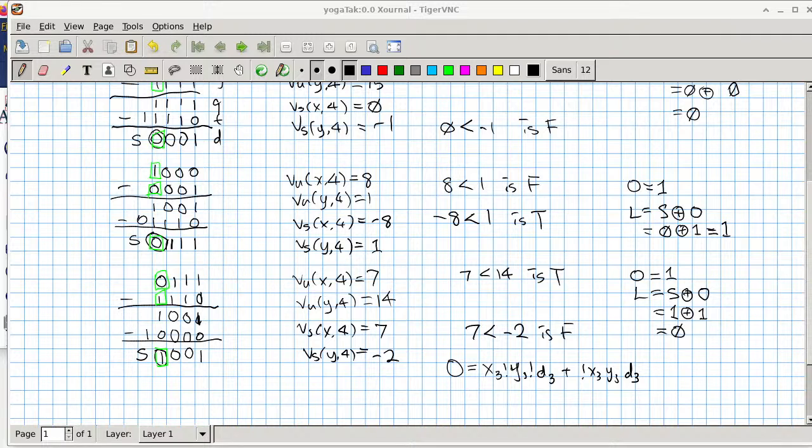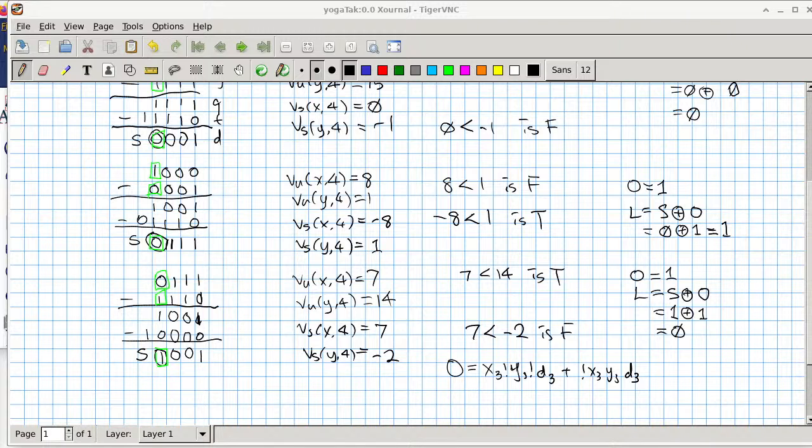So in this very specific example of using only 4 bits, this is how O is defined. Does that make sense? Is that okay? So now we look at the left conjunction first. The left conjunction is going to be false. How do we know? Because x3, the most significant bit of x, is a 0 already. I don't need to look at the rest of the conjunction because I got a 0 in the conjunction already. The whole thing has to be false.